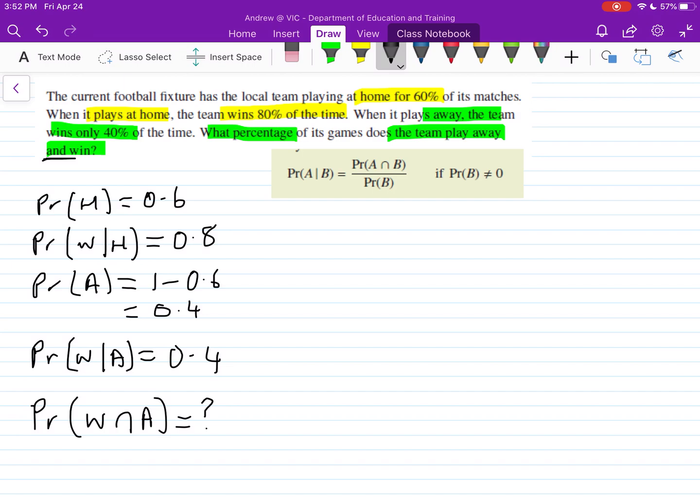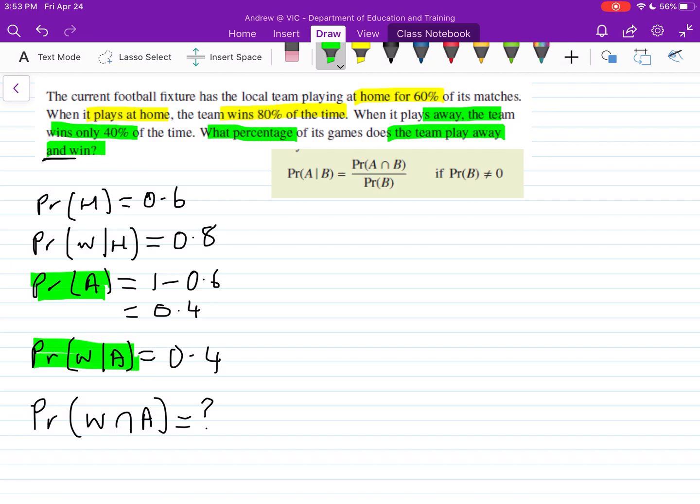So just make sure you do list out all the information that is given. We have more information than we need in this question. So with this, we just now need to actually put this into our conditional probability equation correctly. We want to find when they're win and away. So that means that we have to work with our away figures here.